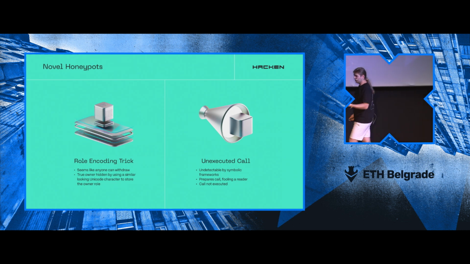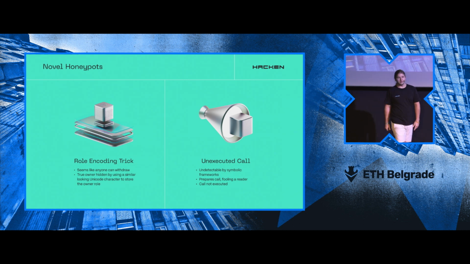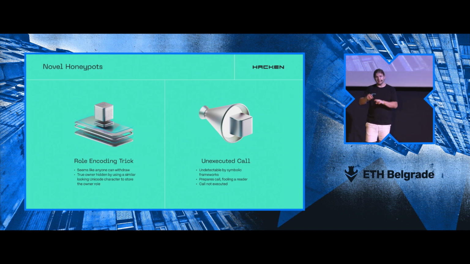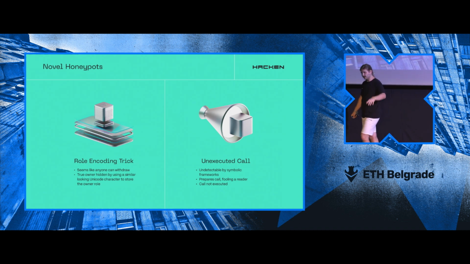There's a role encoding trick, which is, hey, you know that joke about going through someone's code base and just replacing all the semicolons with Greek question marks, and they look the same visually, but they're different Unicode characters. Yeah, imagine if we could make an exploit based on that, and that's pretty much it, with OpenZeppelin access control and some similar-looking characters.